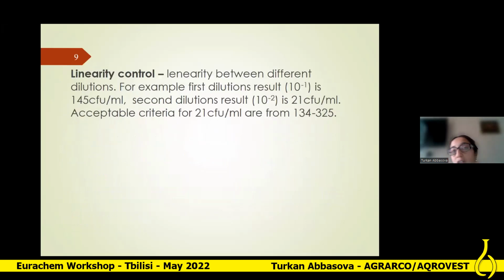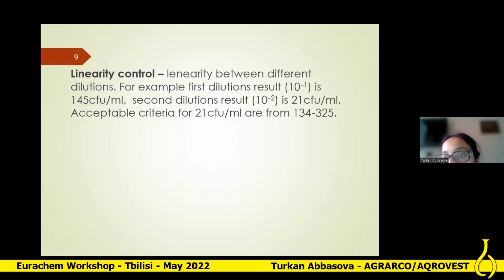And linearity controls. Linearity controls especially demonstrate how you provide the decimal dilutions during processing, because every decimal dilution should be linear and should be compared with each other.